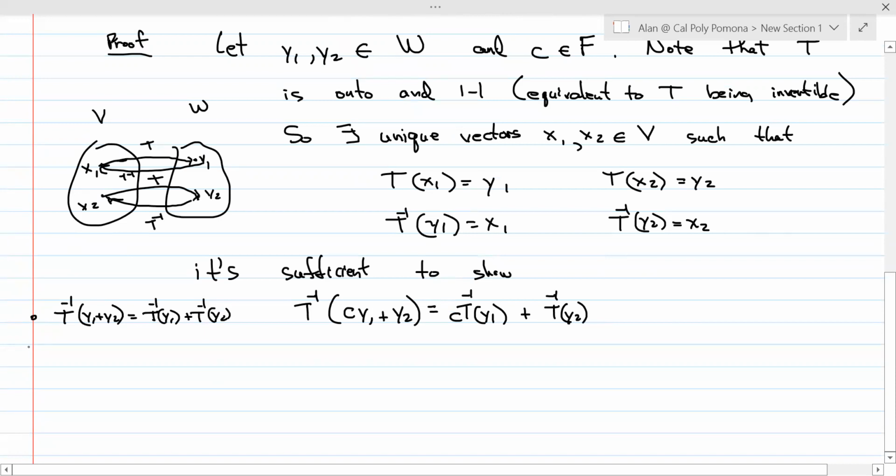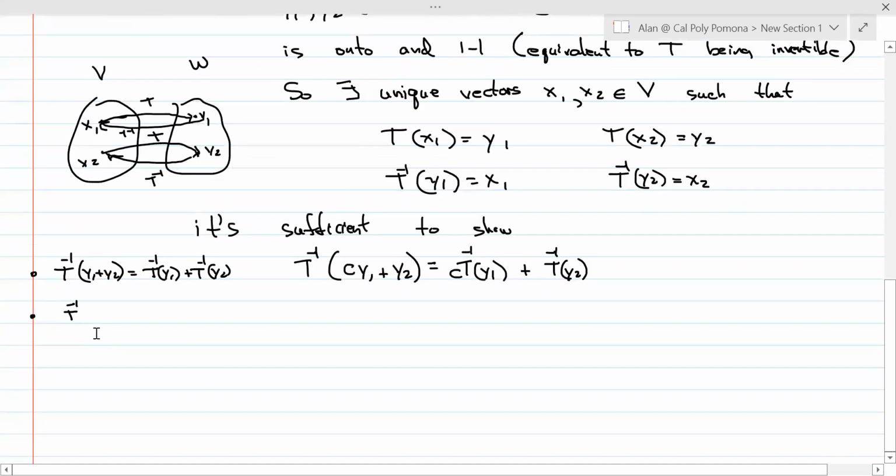That would be one condition, and the second condition would be T inverse of some constant, I guess that constant is being called c here, working on some y value would give you c times T inverse of y.